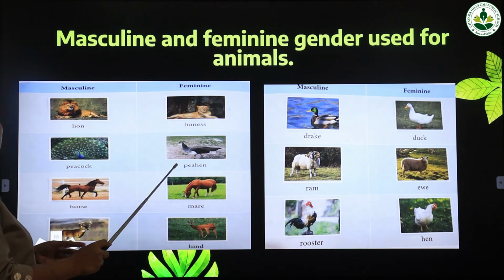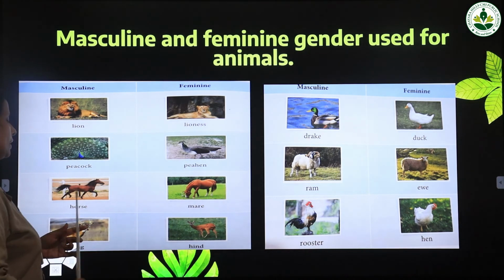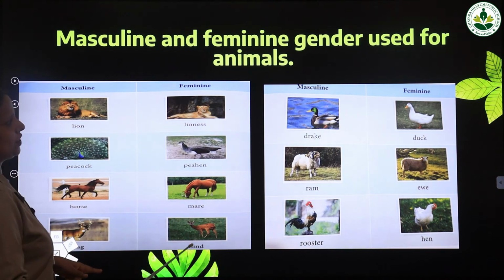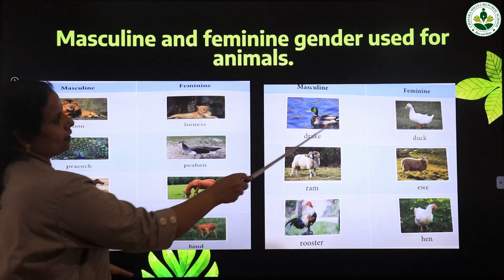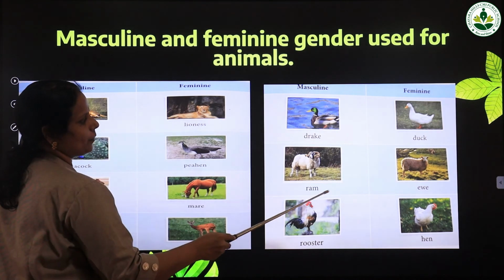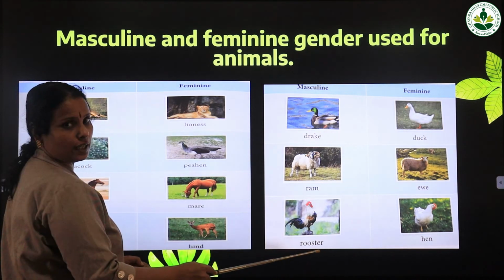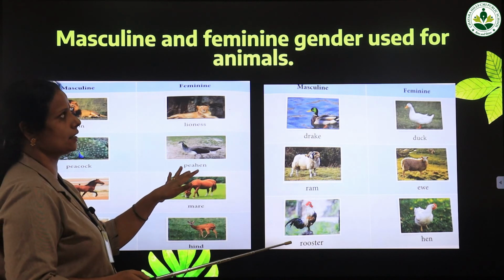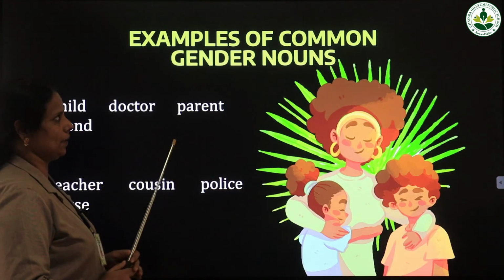Peacock, peahen. Peahen means it's feminine. Then horse, mare. Stag, hind. Drake, duck. Ram, ewe. Rooster, hen. These are examples of masculine and feminine gender used for animals.